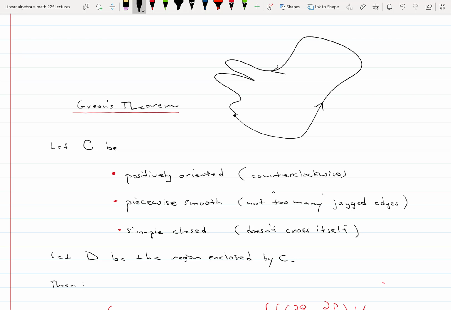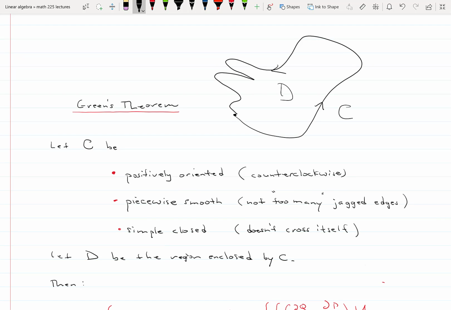So if you're walking along the curve and to your left is the interior of the closed curve, then it's oriented positively. Okay, so let D be the region inside. So D is the region inside of the curve C, the positively oriented, which means counterclockwise oriented curve.